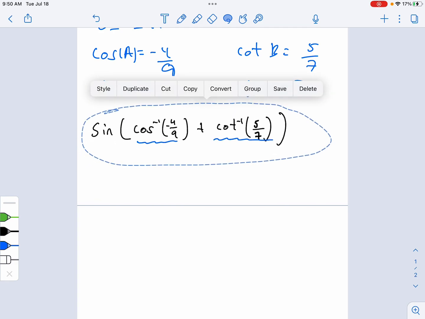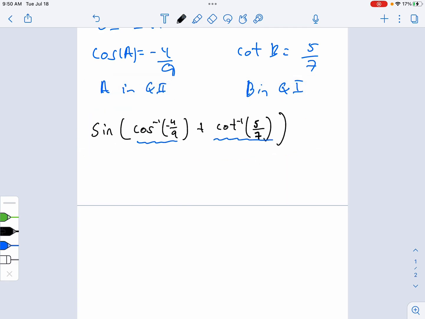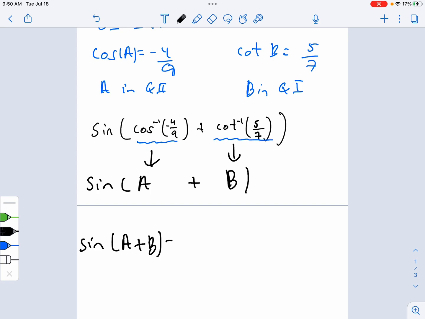All right, so when I look at this original expression, let me copy and paste it. I'm going to rewrite this as the sine of A plus B. This is A and that's B. And what do we have? Well, we have the sum identity for sine.